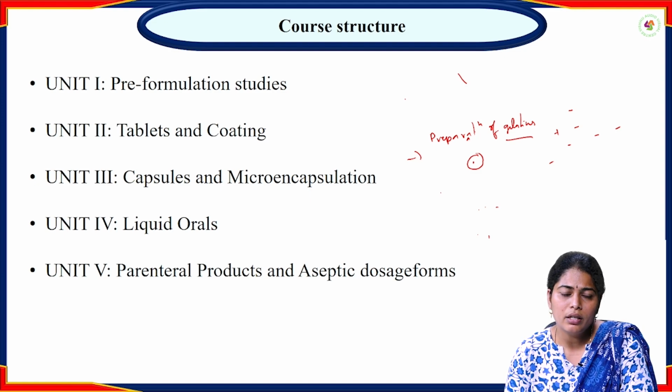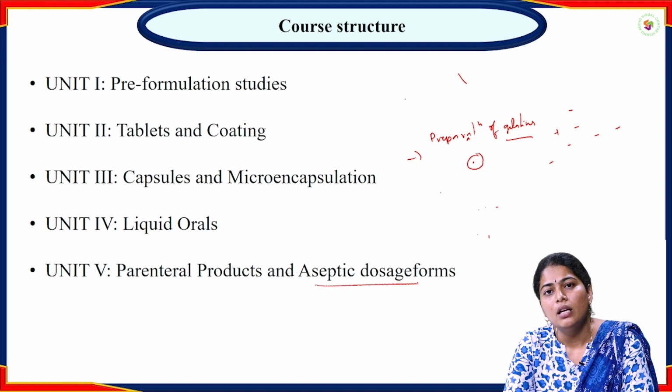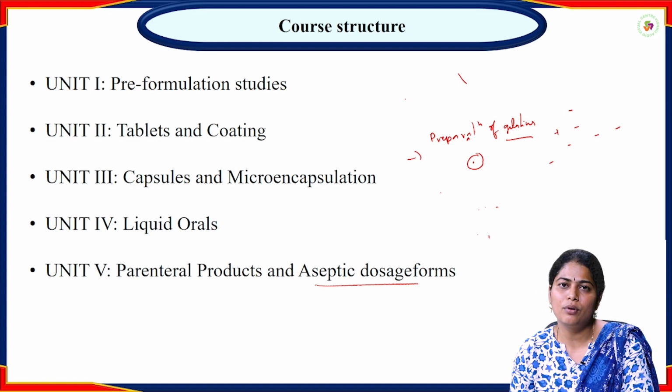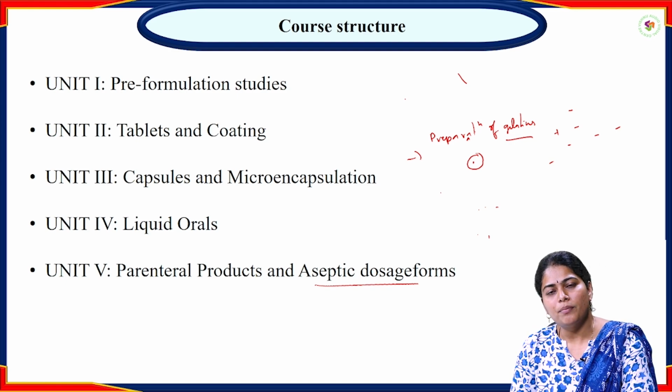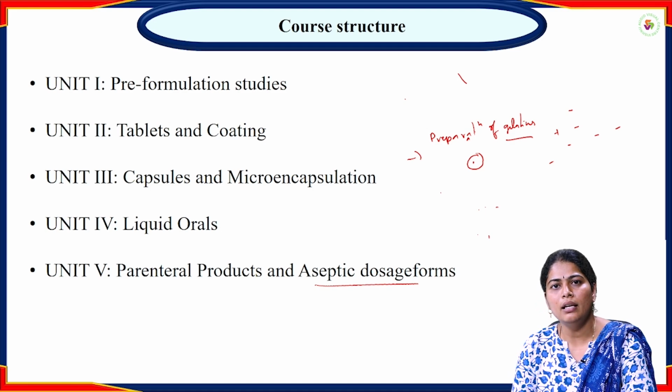And in the 5th unit, the parenteral products as well as aseptic dosage forms. In the parenteral products and aseptic dosage forms, initially we'll discuss the aseptic techniques. Why? What are aseptic techniques? The parenterals are the dosage forms which directly enter our blood circulation by injecting through a needle.